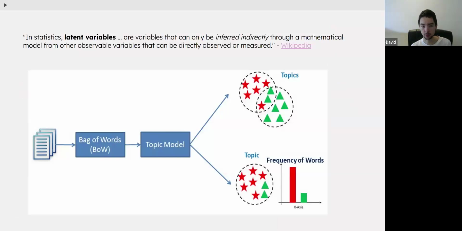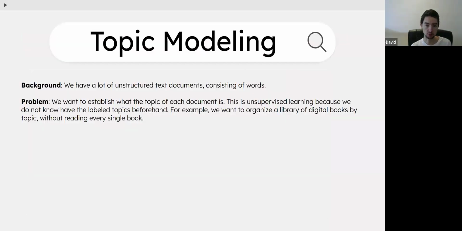For a topic model, we want to have several documents, sometimes called a corpus, and figure out the main topics of each document. We looked at two techniques for this. One example of topic modeling is to organize a library of digital books by topic without reading every single book, for example.